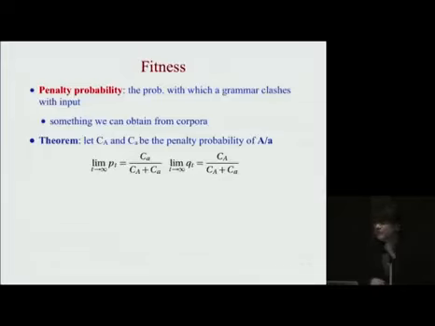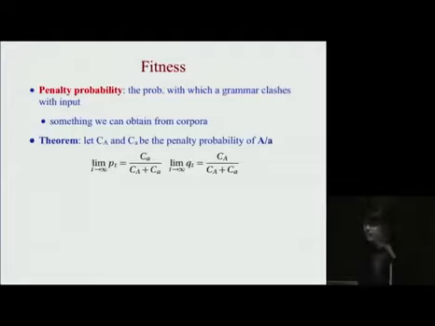If you let the learner run for a while, I won't dwell on the mathematics here, the learner converges on a stable combination of two grammars, and the weights are exactly specified by how likely a grammar is to be penalized in the environment.